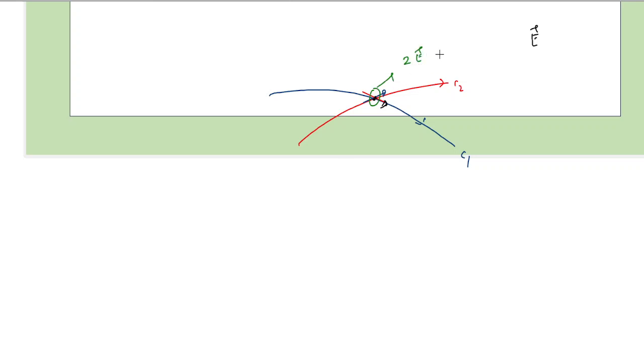Now this is impossible because the electric field at every point is unique and well defined, which means at every point the electric field value would be unique. It will have a given value in a given direction, which is well defined. So we cannot have two possible fields here.